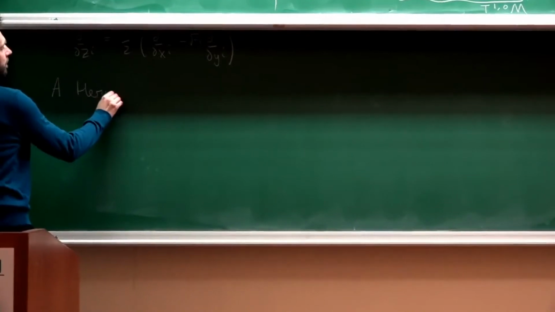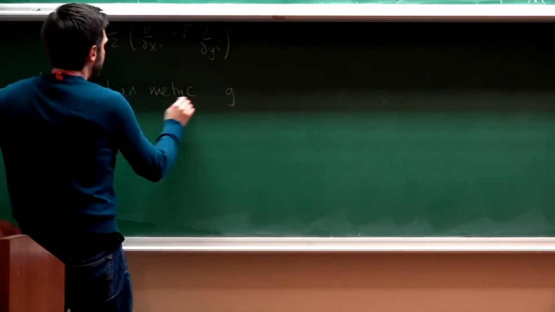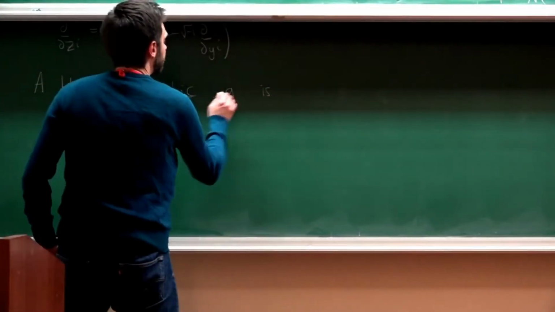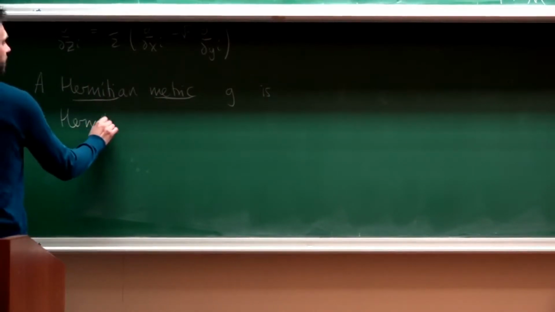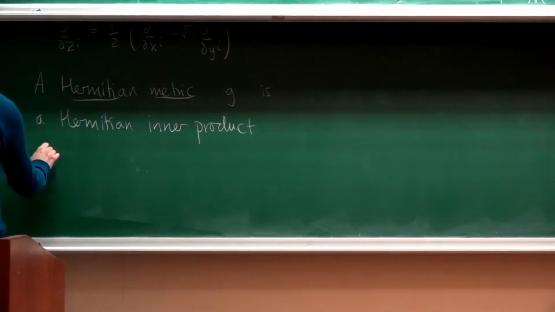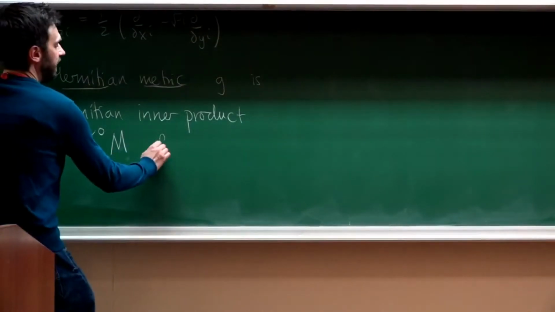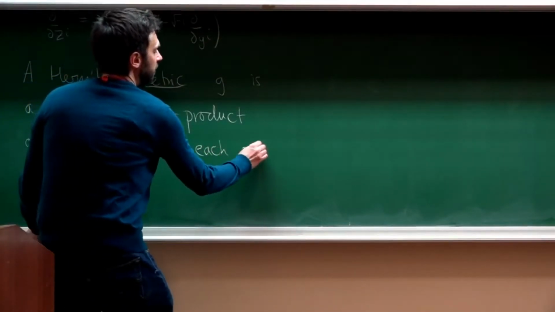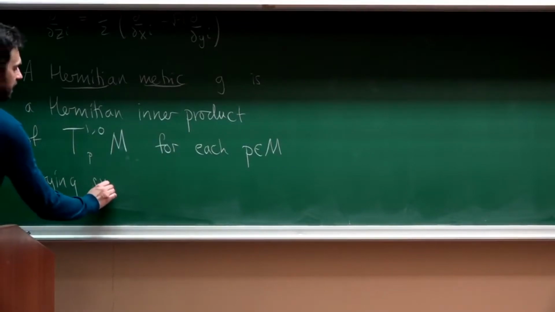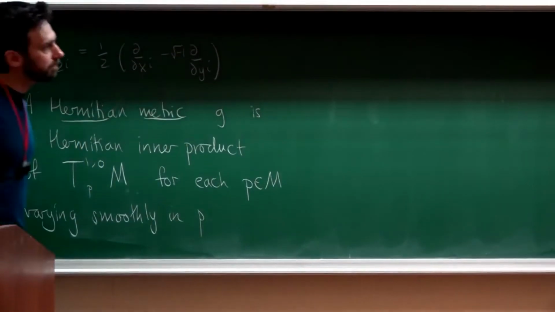So a Hermitian metric G is by definition simply a Hermitian inner product on this T10 at each point p, where p is a point on my manifold, and it should be varying smoothly in p. And of course, such metrics always exist.